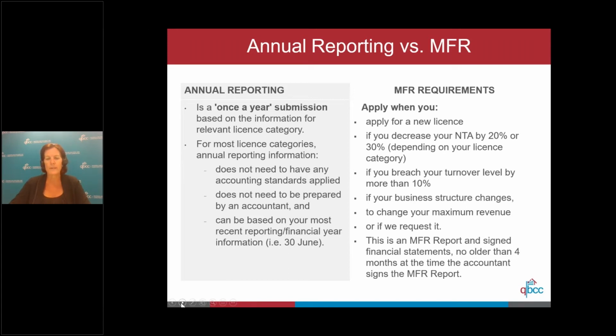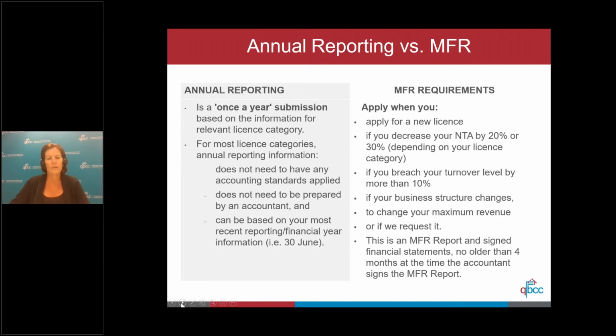We would always say it's best business practice for a licensee to seek advice from an accountant, but for annual reporting purposes, it's not compulsory. The annual reporting days are set each year at 31 December for mid to large range licensees and 31 March for SC1 and SC2 contractors.